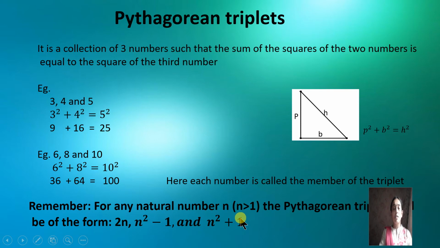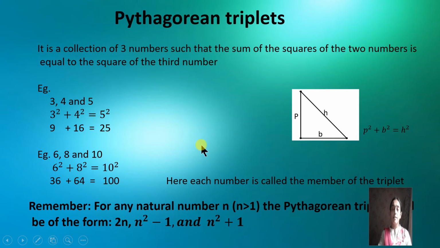Let's take one example so you will be more clear about this. But you have to remember that the Pythagorean triplets are of the form 2n, n square minus 1 and n square plus 1. Now, as we solve the examples, you will be more clear.